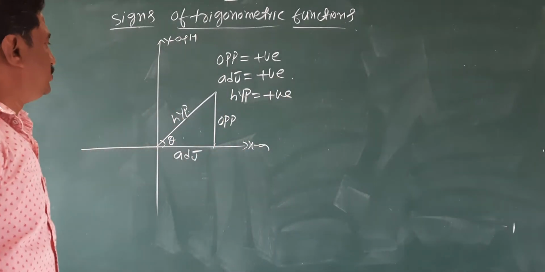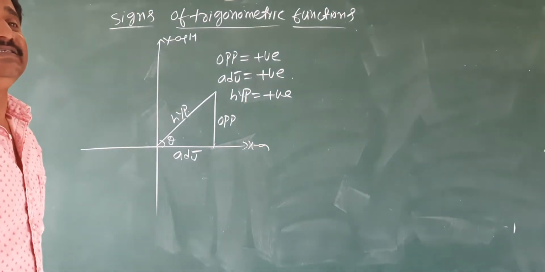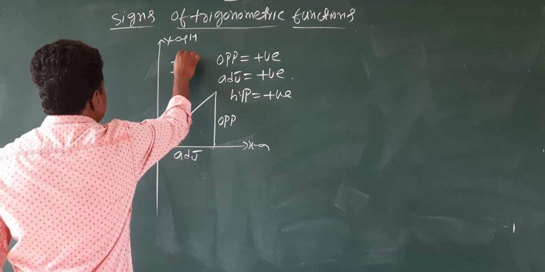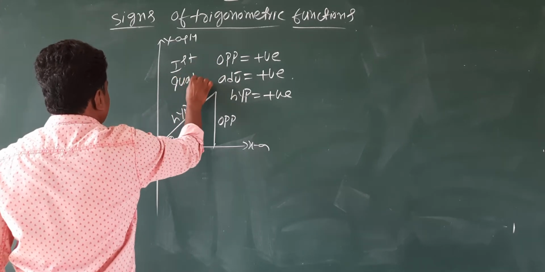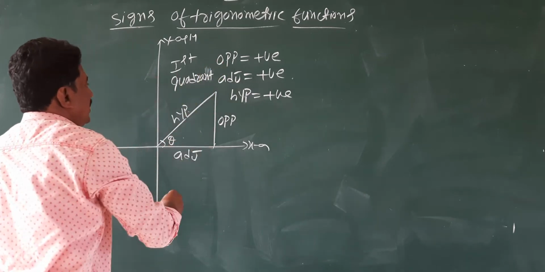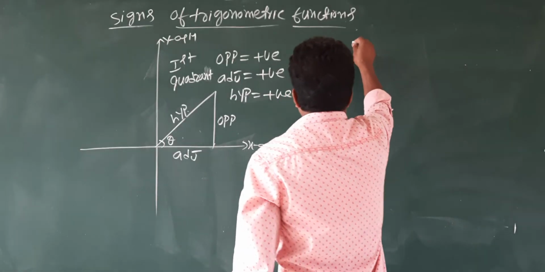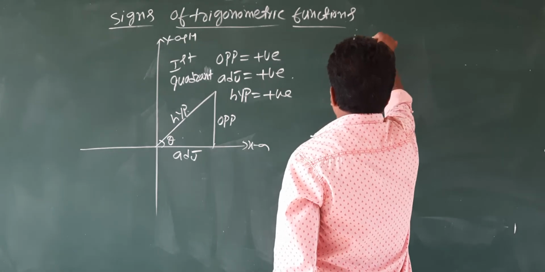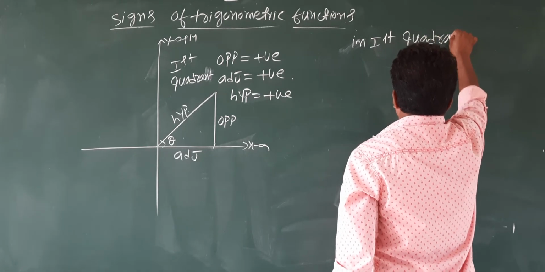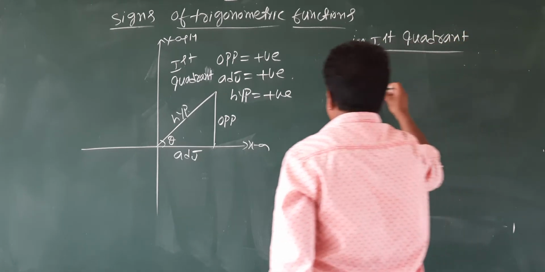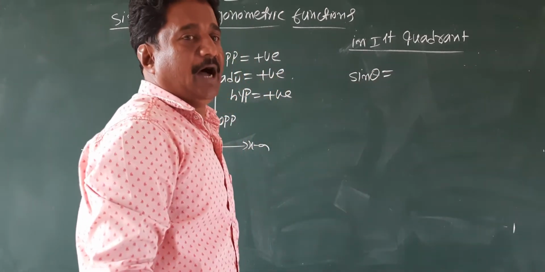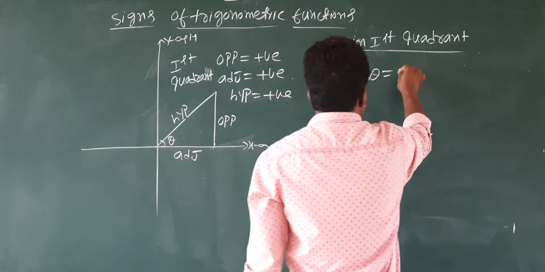Now let's find the signs of trigonometric functions in the first quadrant. This is the first quadrant. Sin theta in the first quadrant. What is sin theta, students? Opposite by hypotenuse.